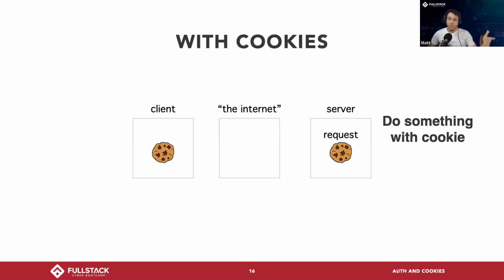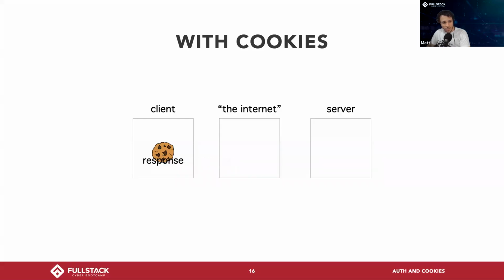And then the server will do something with that cookie. Hopefully, customize my content, make it so it knows I'm logged in, whatever else. This is why, if you've ever gone through your browser and deleted all your cookies, you're logged out of all of your web apps. The server doesn't have a way of authenticating you anymore.